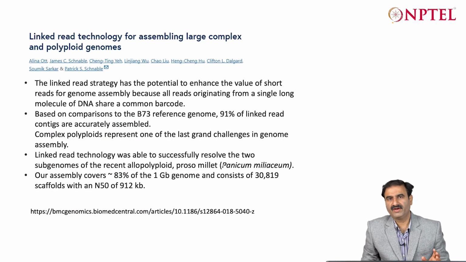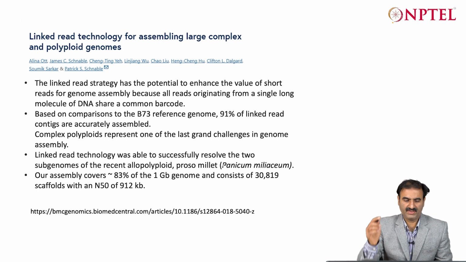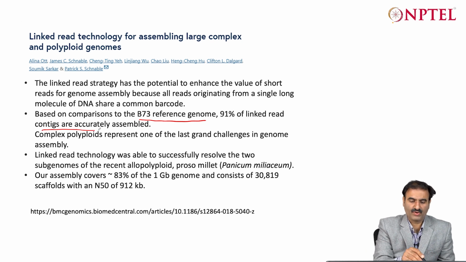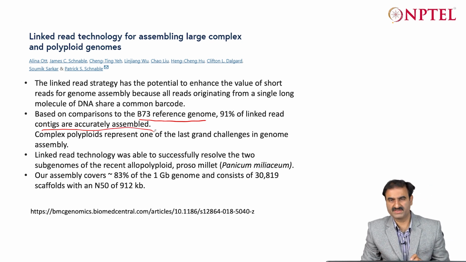Now linked reads have been used for assembling large and complex polyploid genomes also, and for example in case of this genome, they took the B37 reference genome, right, and they showed that 91% of the contigs were accurately assembled, which is a good achievement.